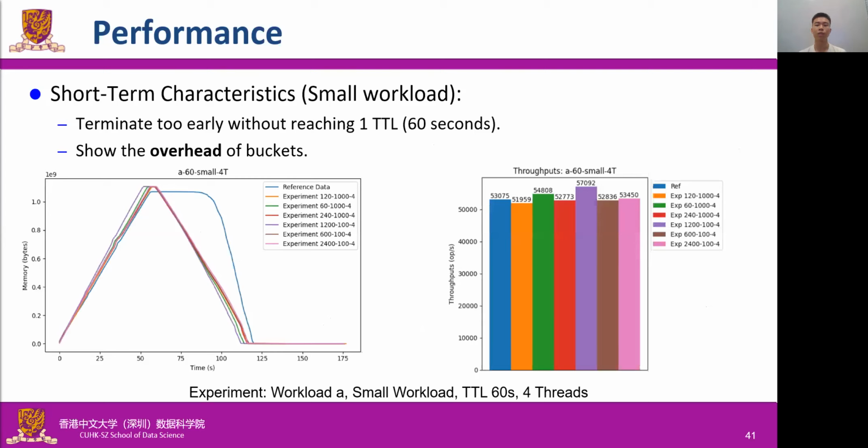For short-term performance, only 3 million operations are conducted. As we can see from the left figure, the memory increases steadily and all operations finish at around 50 seconds, before 60 seconds, which is 1 TTL. So no key can be evicted at this moment yet, and it shows the memory overhead for buckets.